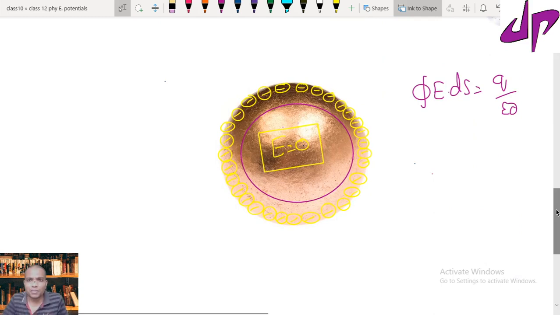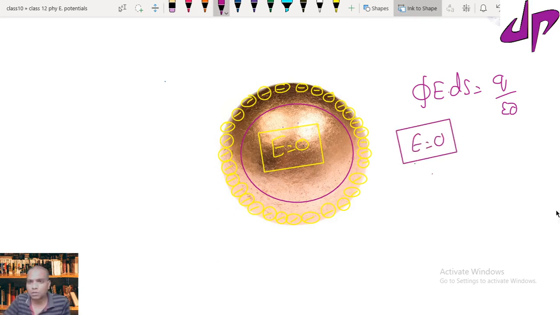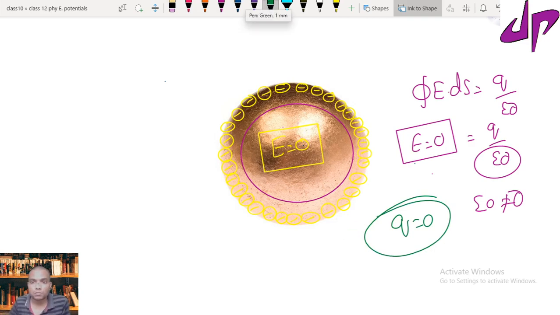Now, if the electric field equals 0, then the left hand side is 0, so the right hand side, q by epsilon naught, should also be 0. Epsilon naught, the permittivity, is not equal to 0, so obviously the charge q equals 0.